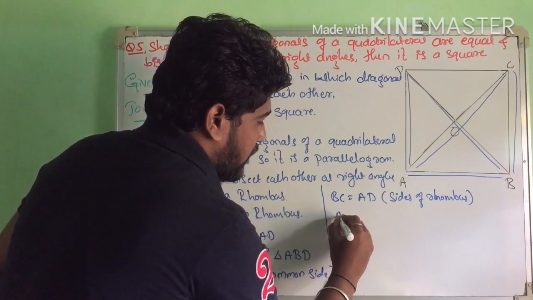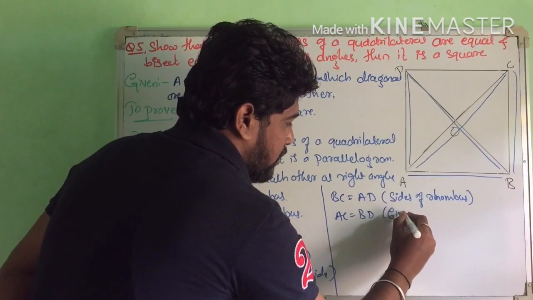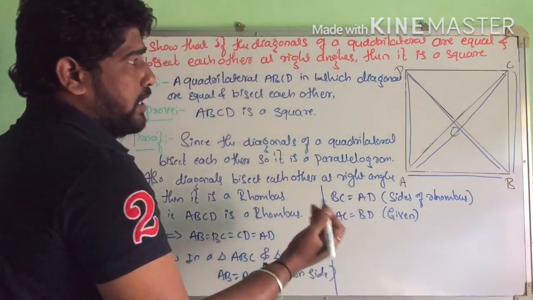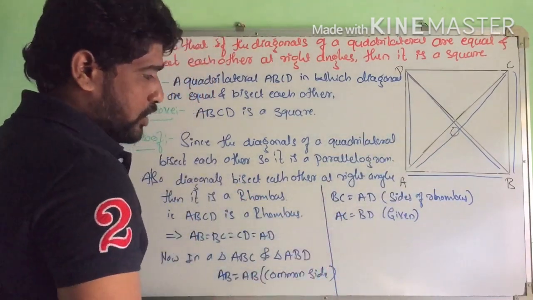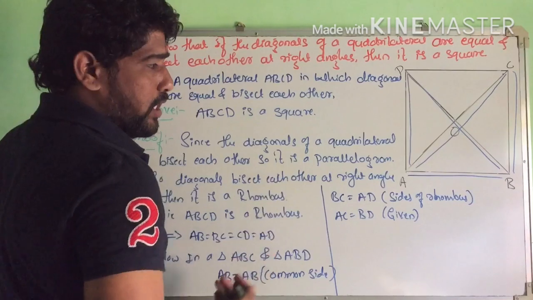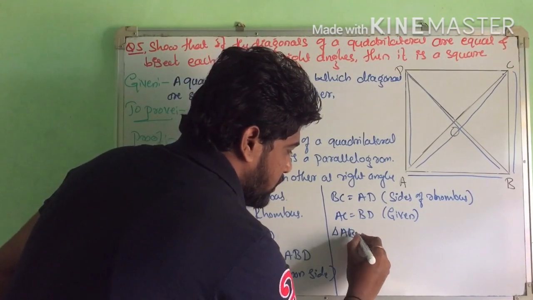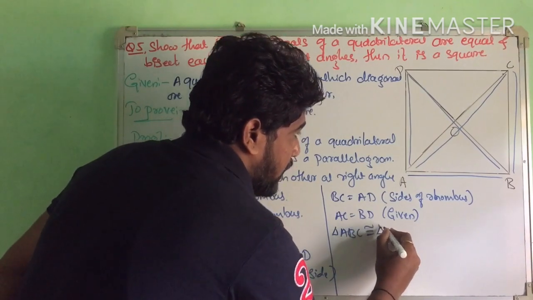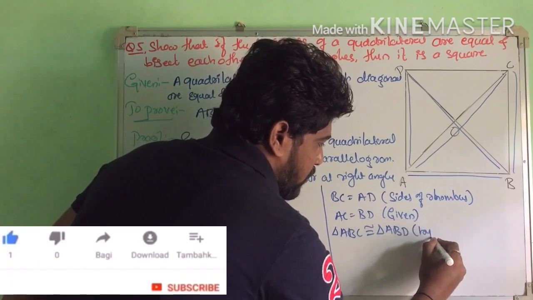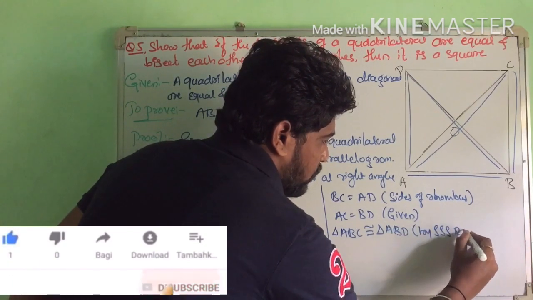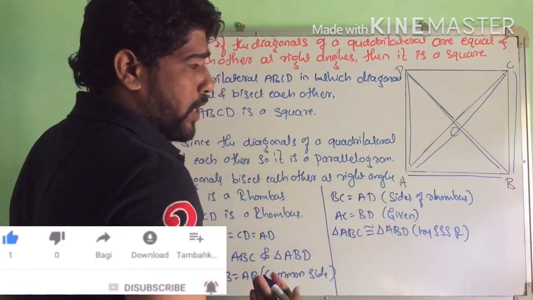So here AC is equal to BD, given. So in these two triangles, corresponding three sides are equal, means these two triangles are congruent to each other. The triangle ABC is congruent to the triangle ABD by SSS rule.